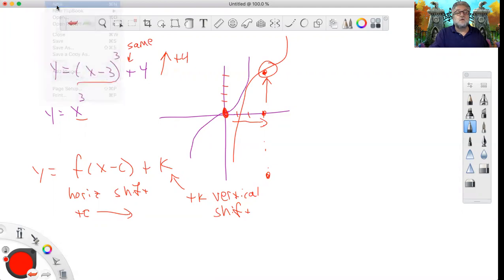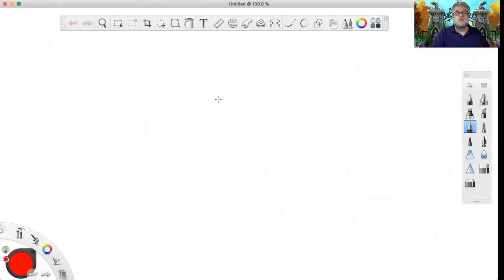go do a new one, because now we have horizontal shifts, we got vertical shifts, we got reflections about the x-axis, and we got, oops, reflection starts with F. Reflections about the y-axis.